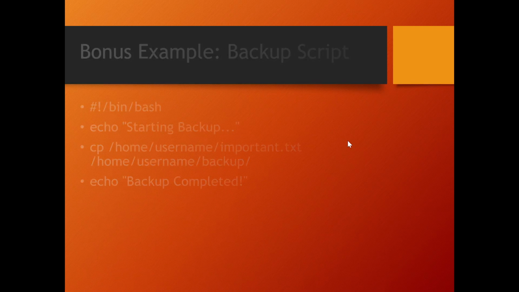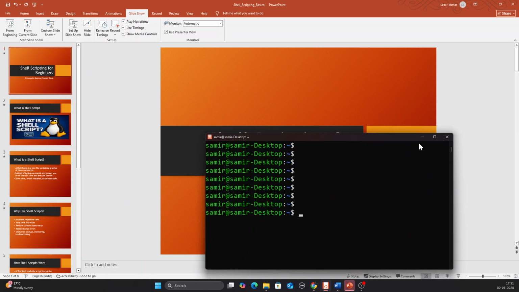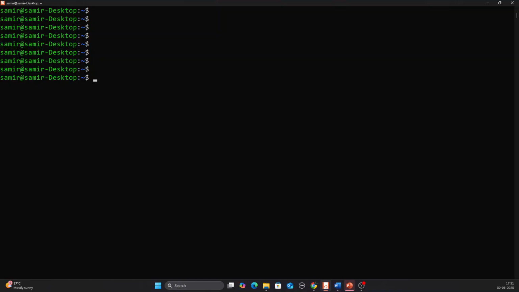So let's go to the terminal and we'll create a first simple hello world type script. You can use the Vim editor or Nano. I'm using the Vim editor, vi, with a file called hello.sh.